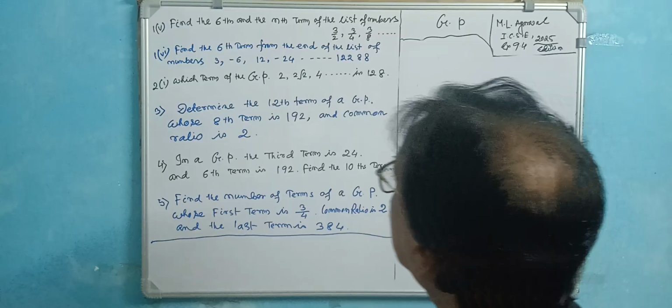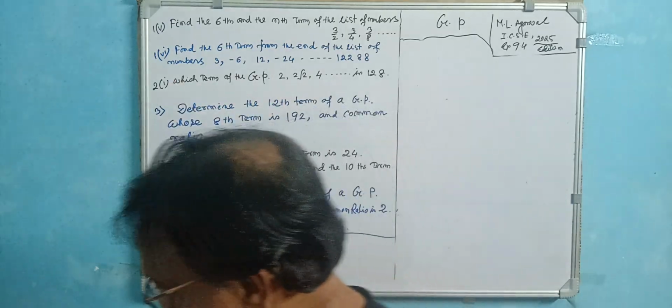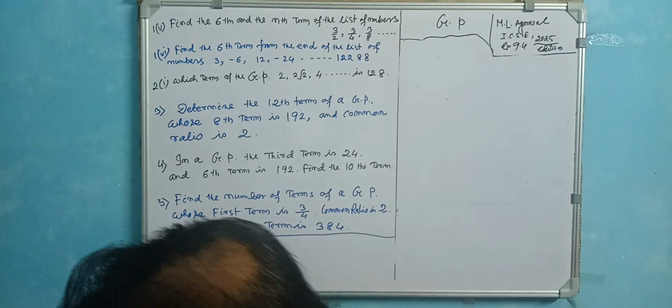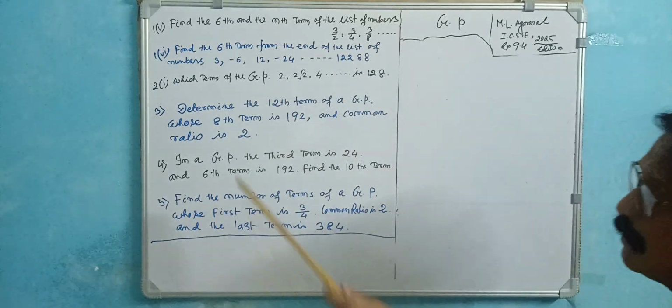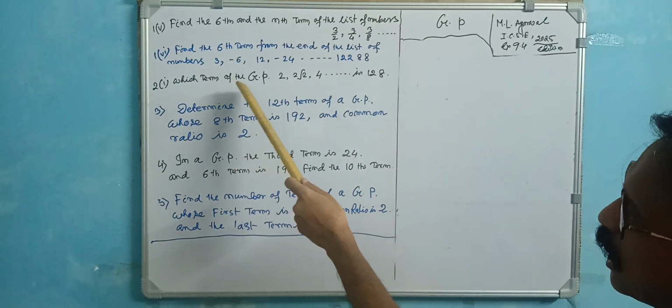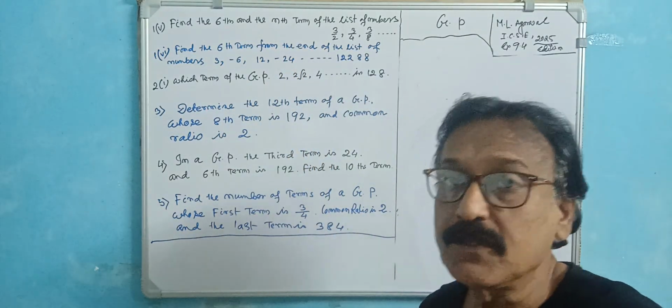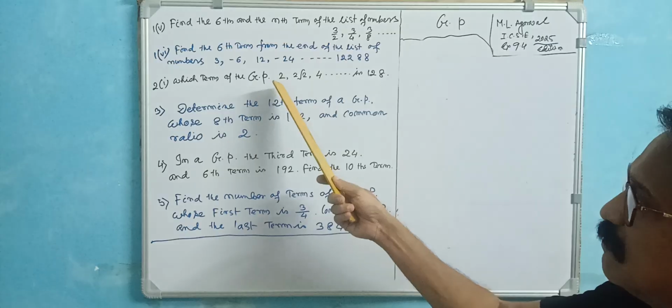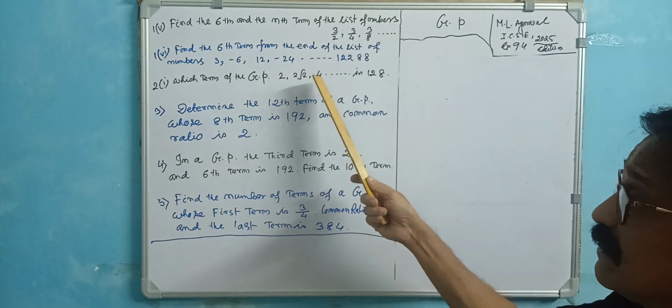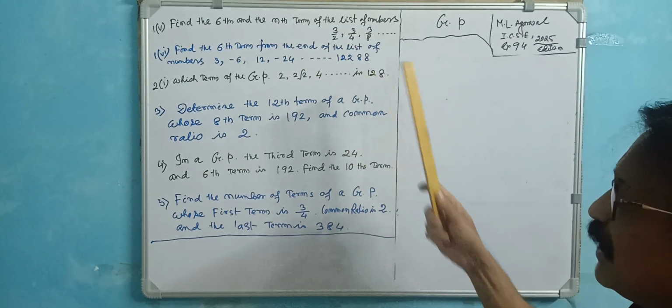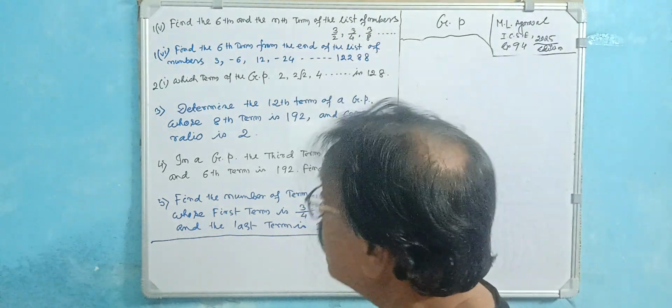Now this 2 is okay. Now 2.1. Which term of the GP is this? That means here you find the number of terms in the GP series. First term is this, second term is this, third term is this, and this is actually the last term.